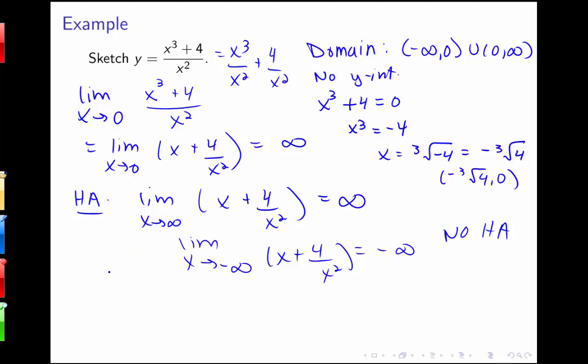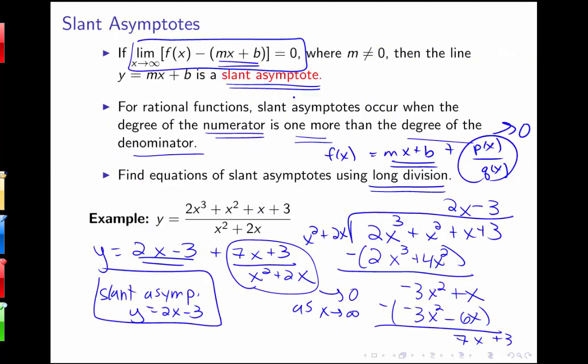So what about slant asymptotes? So I've already shown that we can write this function as x plus 4 over x squared. So let's just go back and remember that to check that we are dealing with a slant asymptote according to this definition here, I'd have to show that the limit as x goes to infinity of my function minus the equation of my slant asymptote is equal to 0.